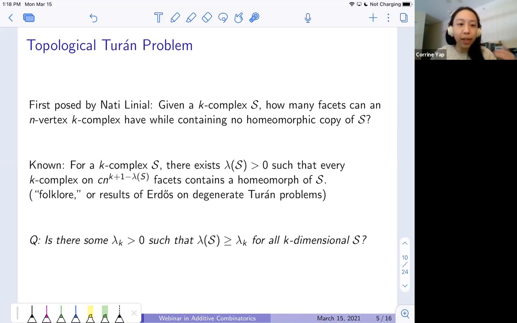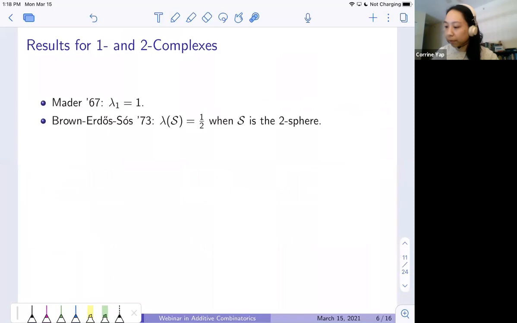Can we find some lambda K that provides a lower bound to all of our lambda of S's that only depends on the dimension K? This was the main question that we were considering. And let me tell you some of the results that were already known in regards to answering this specific question.